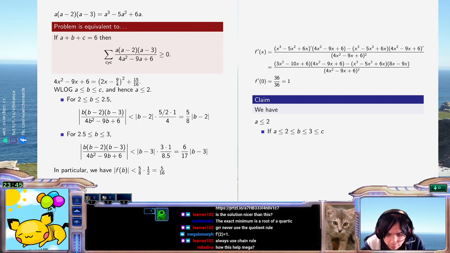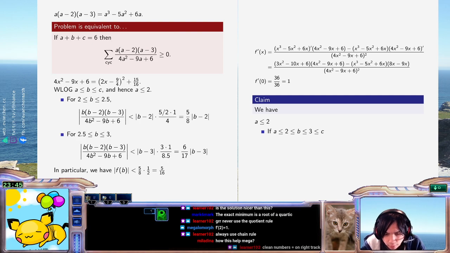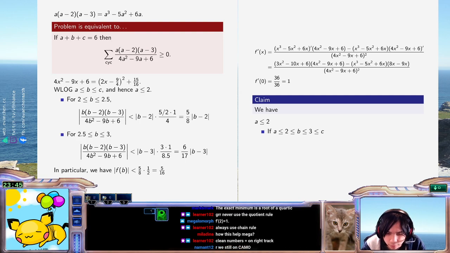F prime of 3 is then... Wait, oh, this is just 1. And then 3 is 81. 3 is a large one. 77 against 9, 36, 33.